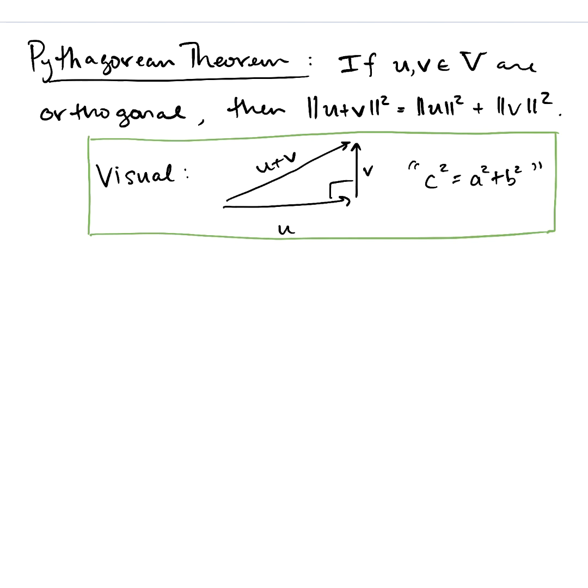Okay, now, the proof itself is actually super straightforward. It's the cleanest thing. Here's the proof. Well, the theorem's an if-then, so let's suppose u and v in big V are orthogonal.